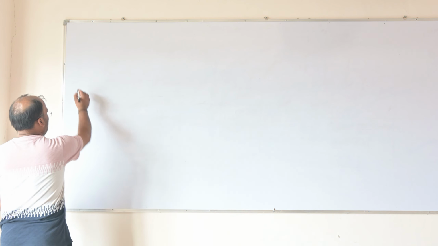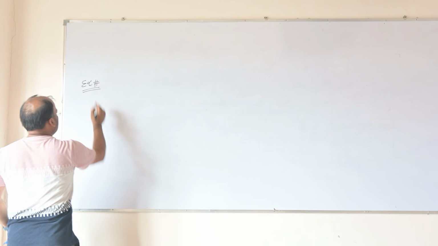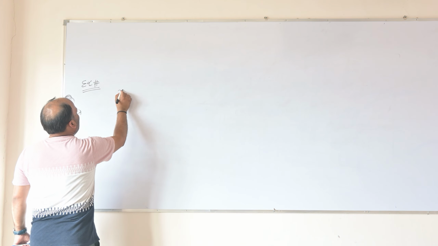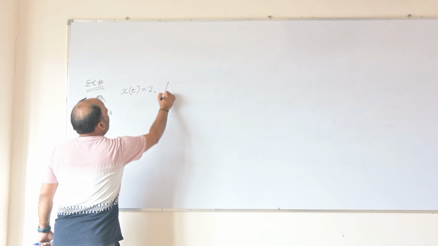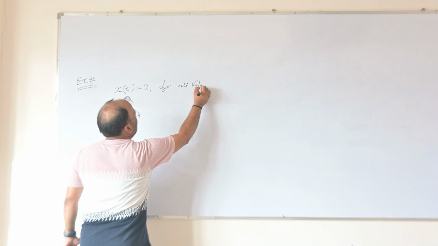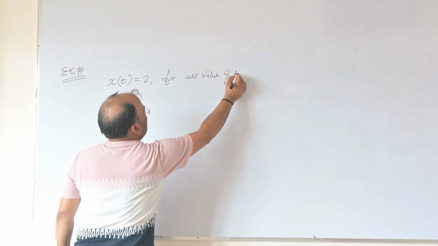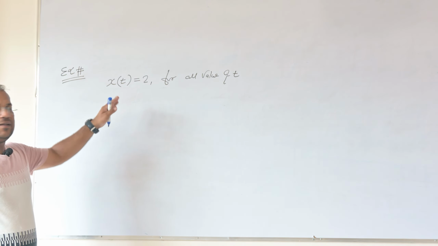So for an example of a continuous time signal, if s of t is 2 for all values of t, we need to sketch this signal.